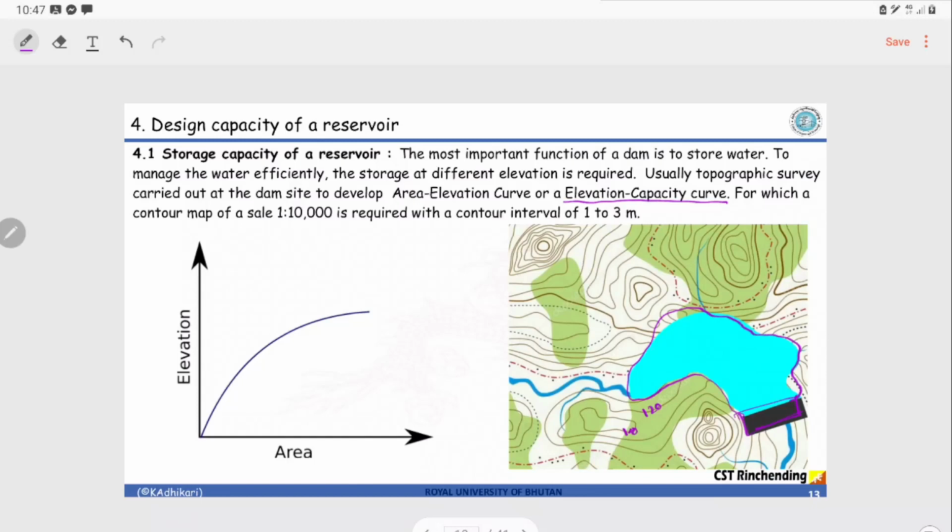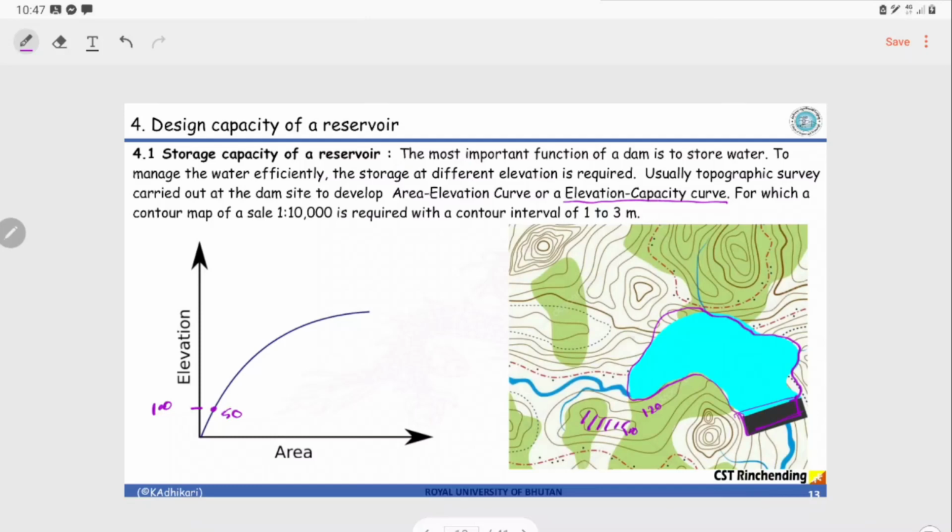As I said, we take the help of a topographic map. So we plot the area elevation curve. Like I have already given you the example, there's 100, there's 120, right? Elevation is, let's say, 100. So what is the area? You calculate this area. Let's say this area is 50.